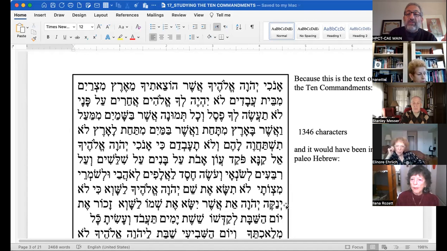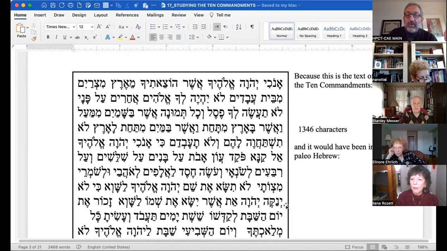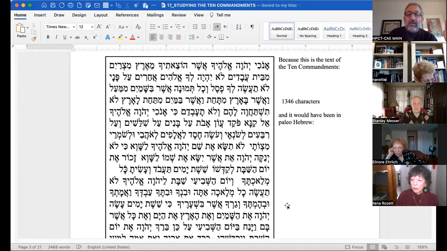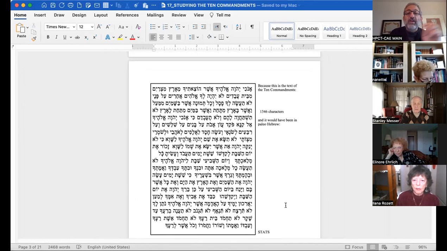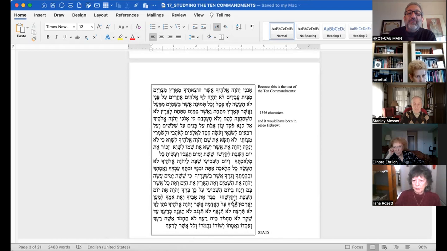But these are the words that make up the Ten Commandments. So rather than put them on two tablets, look what they look like. And here I just put them in a box. Okay, so it's not big at all. I mean, this is a page of an 8.5 by 11 sheet on my computer.